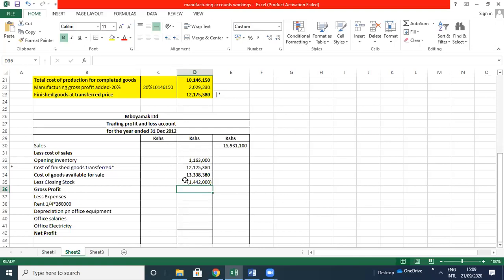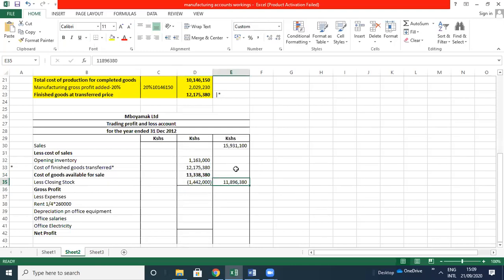Good. And therefore, if we subtract that, we'll get a figure that we call cost of sales, and that will be 11,896,380. Am I right? Is that the figure that we get?